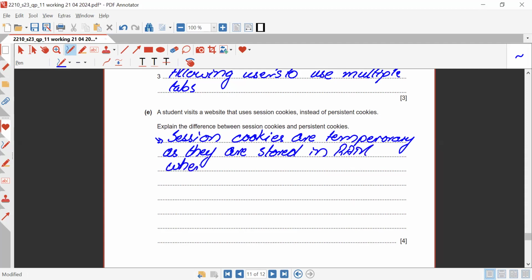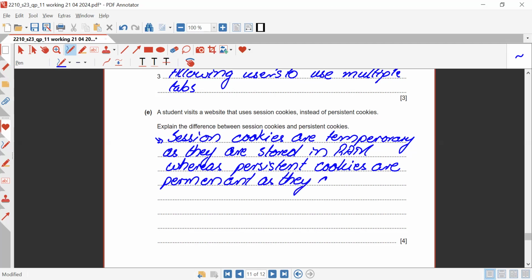Whereas persistent cookies are permanent as they are stored in the user's hard drive.